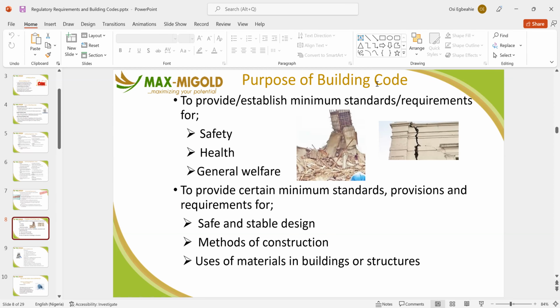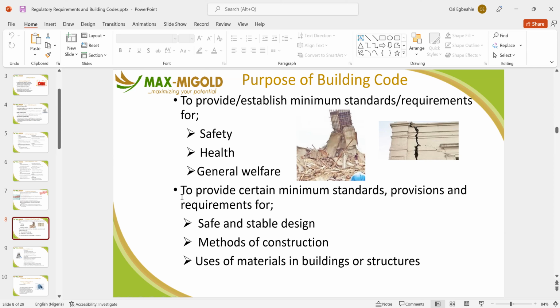Purpose of building code. One, to provide established minimum standard requirements for safety, health, and general welfare of the building.